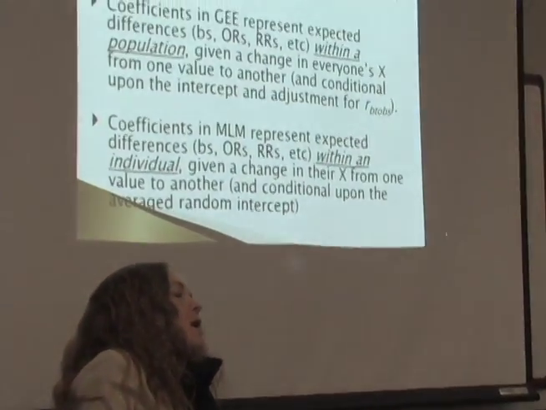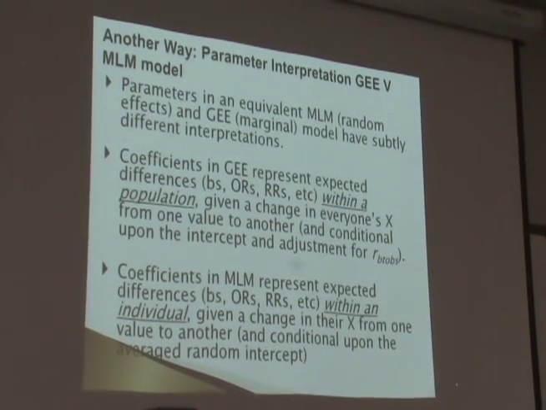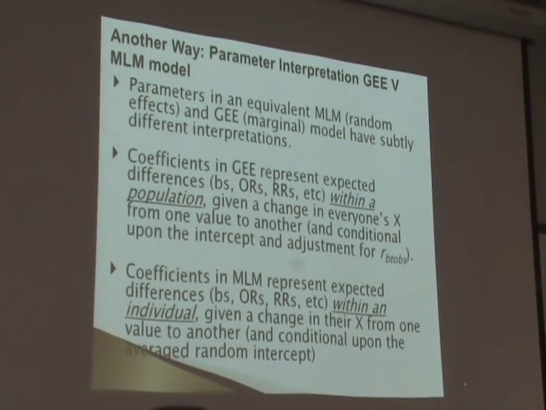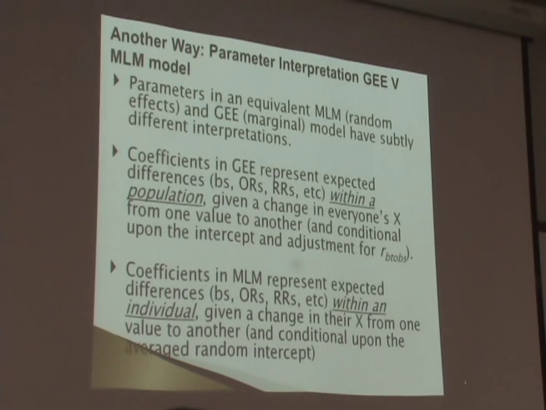So let's just say it one more way. Parameter interpretation in GEE versus MLM. The parameters in an equivalent MLM versus GEE model. In GEE, these are expected differences within the population, given a change in everyone's X from one value to another, and conditional upon the intercept and the adjustment for the correlation structure.